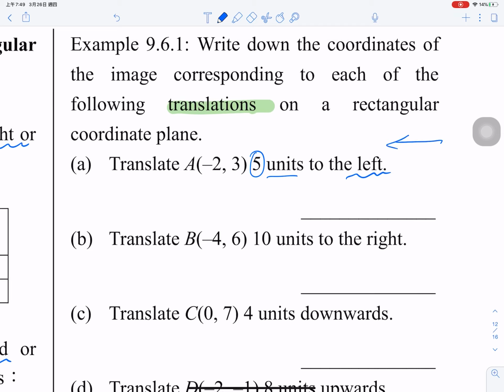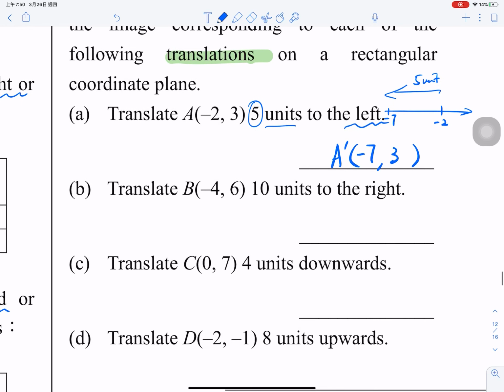Okay, left hand side like this. So what is A prime? That means image of A. Affects x-axis. So from here, -2, 5 units. So it becomes -7. So the answer (-7, 3).